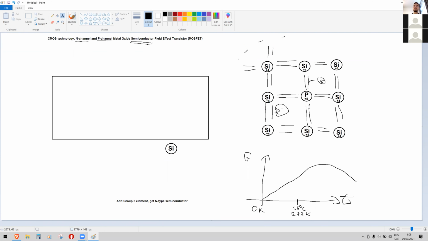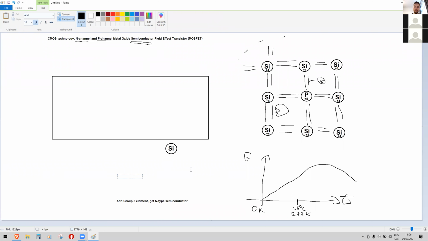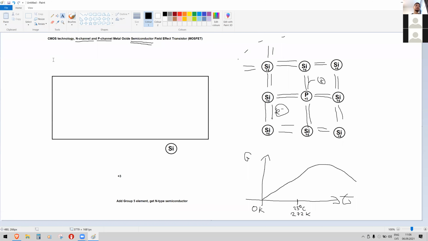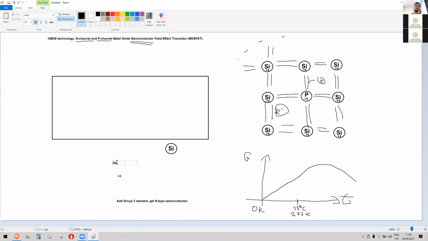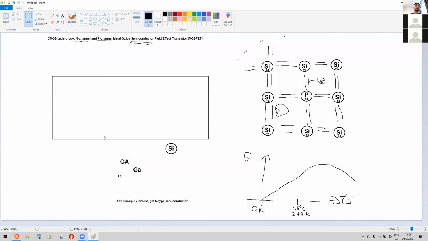So what happens if instead of using phosphorus, we will use gallium? Gallium has only 3 electrons in its outer shell. So what happens when we dope this thing into the silicon?